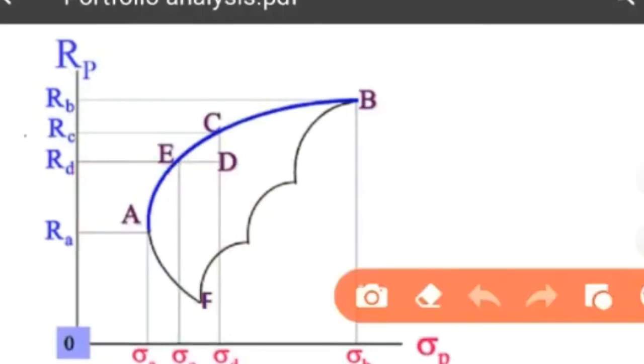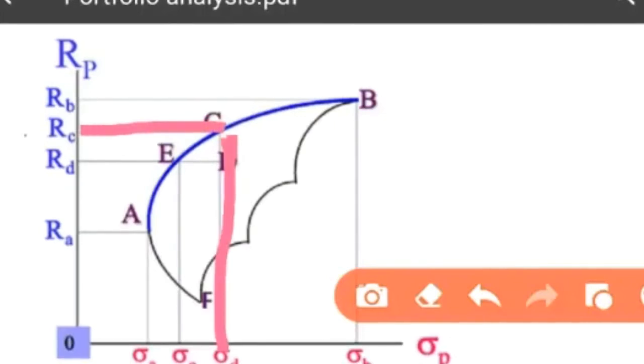Again, when you see the graph, there are two portfolios, C and D, with the same standard deviation of 30. But portfolio C gives a return of 30 and portfolio D gives only a return of 20. So C has more return than D, but the risk is the same.